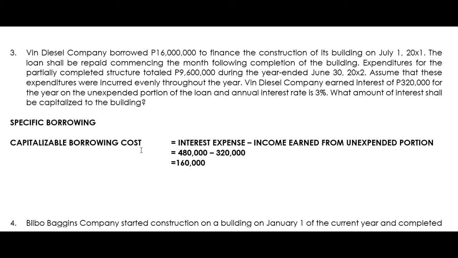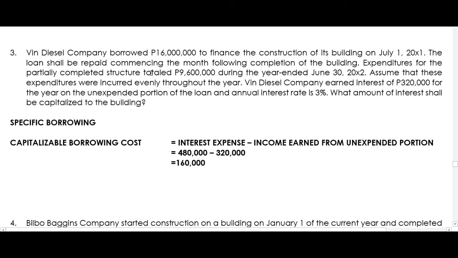So, madali lang to kasi specific borrowing siya. So, for you to get the capitalizable cost, ang kailangan mo lang gawin is kunin mo yung interest expense, tapos ibawas mo yung investment income or yung income earned from the unused portion ng ating loan. So, ang gagawin mo lang doon, kunin mo yung 480. Paano mo nakuha yung 480? Diba? Ang inutang mo ay 16 million. Okay?